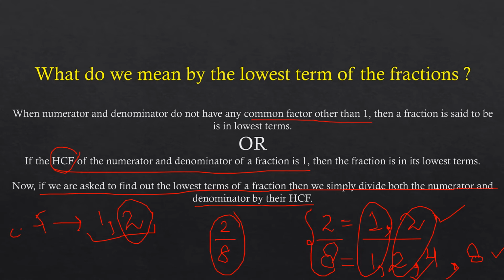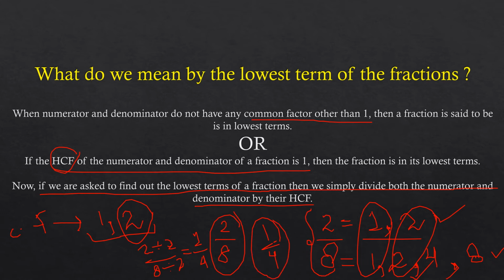Hence we will simply divide the fraction by the highest common factor, and the highest common factor here is 2. So 2 divided by 2 gives 1 and 8 divided by 2 gives 4. Hence 1 by 4. Now 1 and 4 have only one common factor, and that is 1. So now this fraction is in its lowest terms.